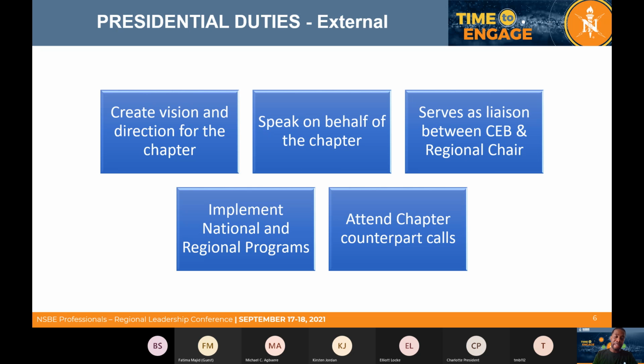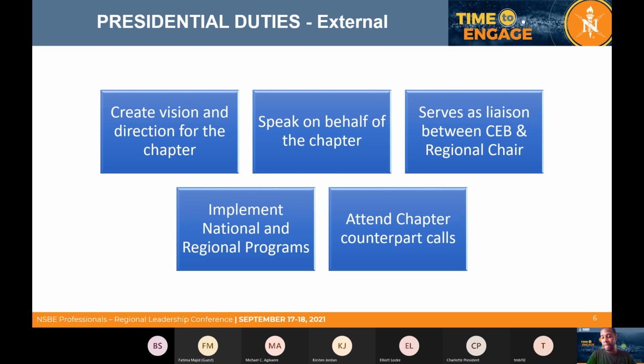So, getting into the duties of the president. As a president, you have some external and internal duties. Externally, you're responsible for creating the vision and the direction for your chapter. You're the spokesperson for the chapter, the one that has the authority to speak on behalf of the chapter. And you're a liaison between the chapter board and the regional chair.